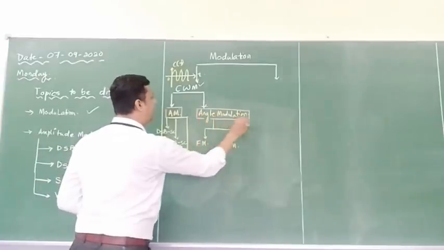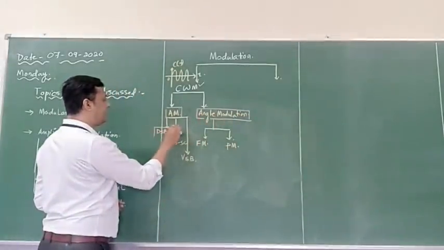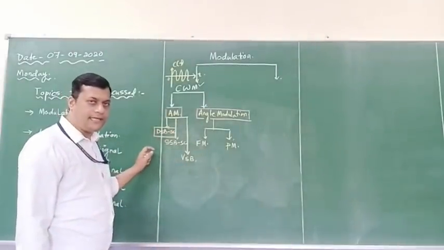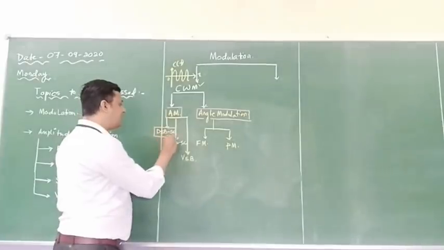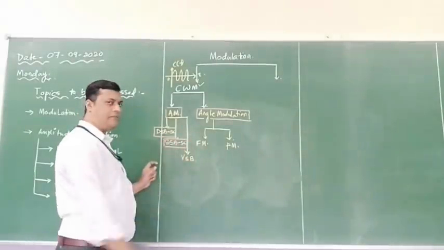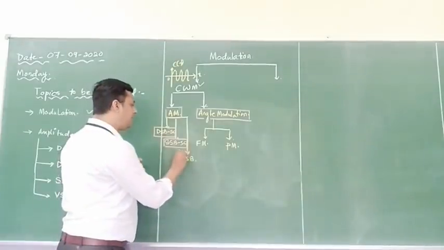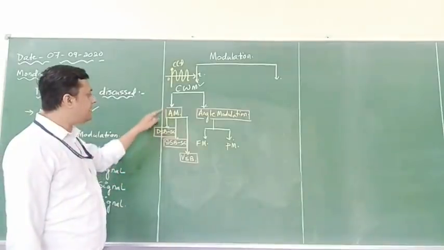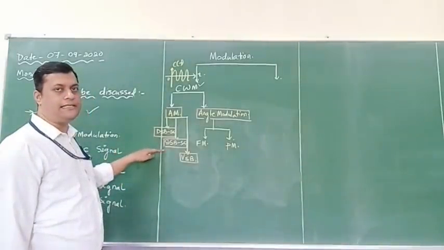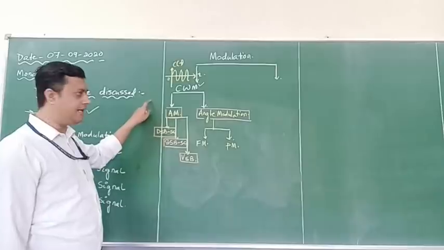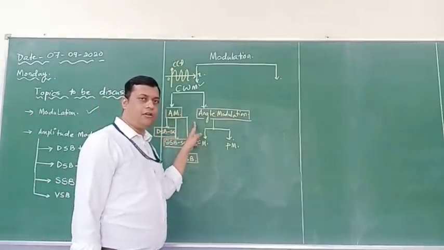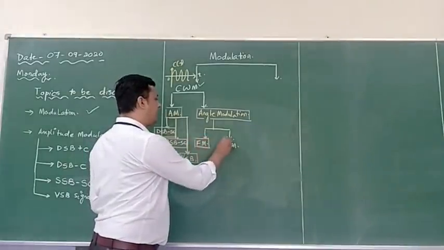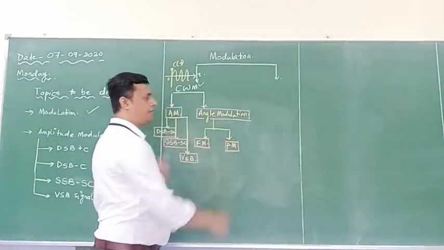DSB-SC means double sideband with suppressed carrier, SSB-SC means single sideband suppressed carrier, and VSB means vestigial sideband signal. So these are the three types of AM available in amplitude modulation. Similarly, in angle modulation we have two types: frequency modulation and phase modulation.